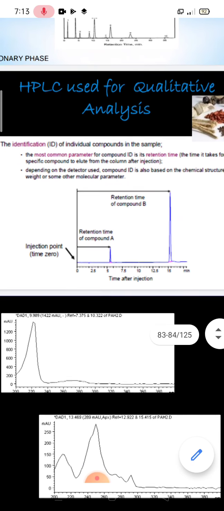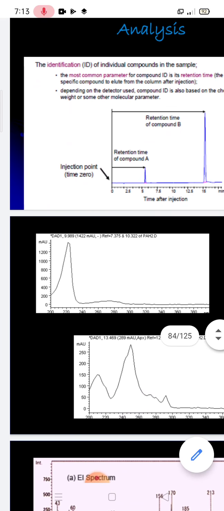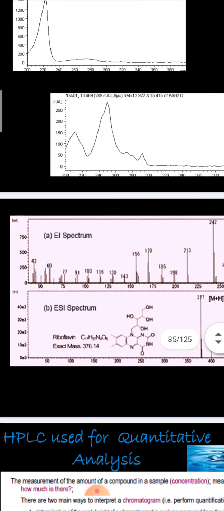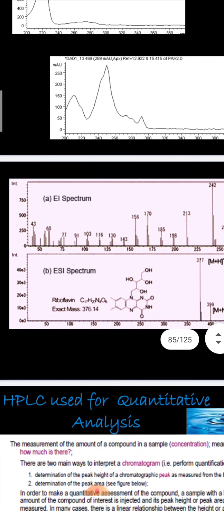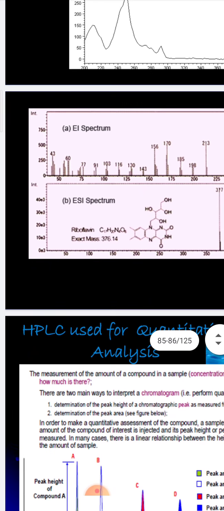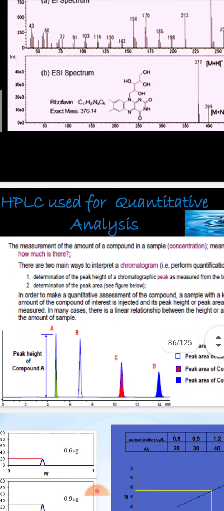Using this you can identify which component is coming first and which component is coming later. Here a different parameter has been shown based on the molecular weight. That relation for the particular species depends upon the molecular weight and the structure of the compound.